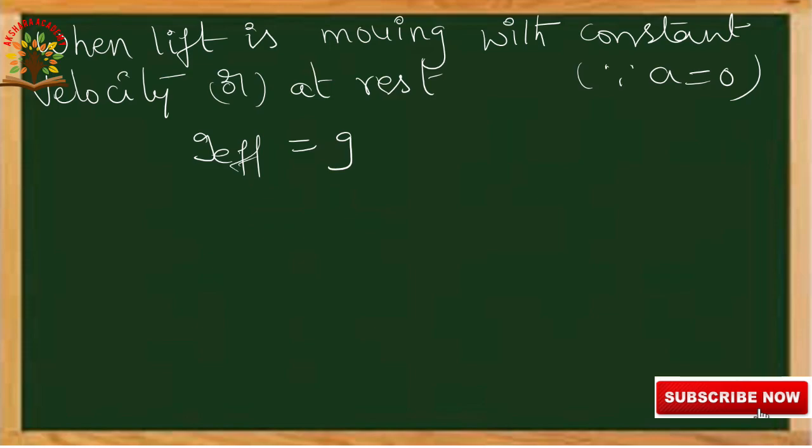And suppose the lift is moving with constant velocity or is at rest, then a is equal to 0, so g effective is equal to g.